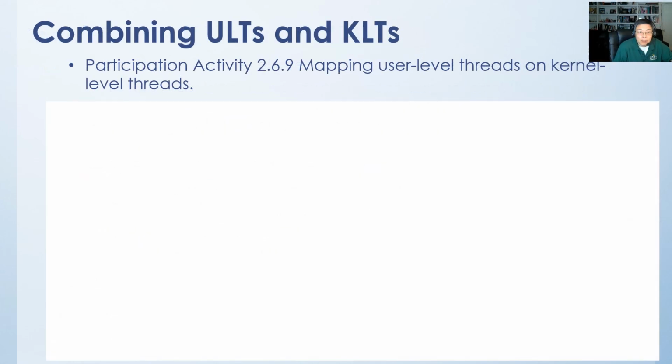Let's illustrate how the operating system combines the user level and the kernel level threads. Suppose this is the hardware, and the system has two CPUs.